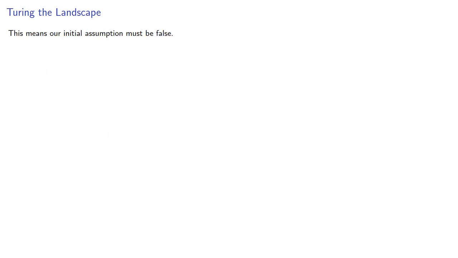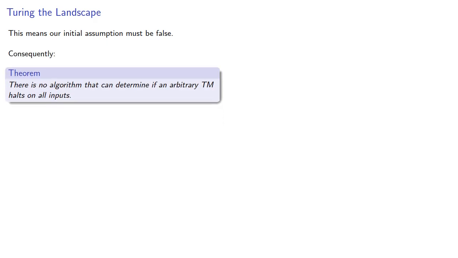And this means our initial assumption must be false. And that initial assumption is that there was some way of determining whether a Turing machine would halt or run forever. And consequently, there is no algorithm that can determine if an arbitrary Turing machine halts on all inputs.